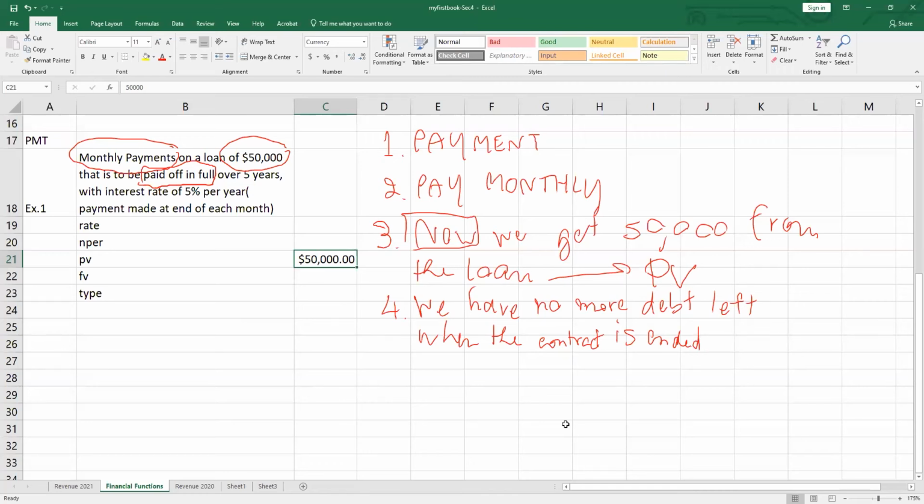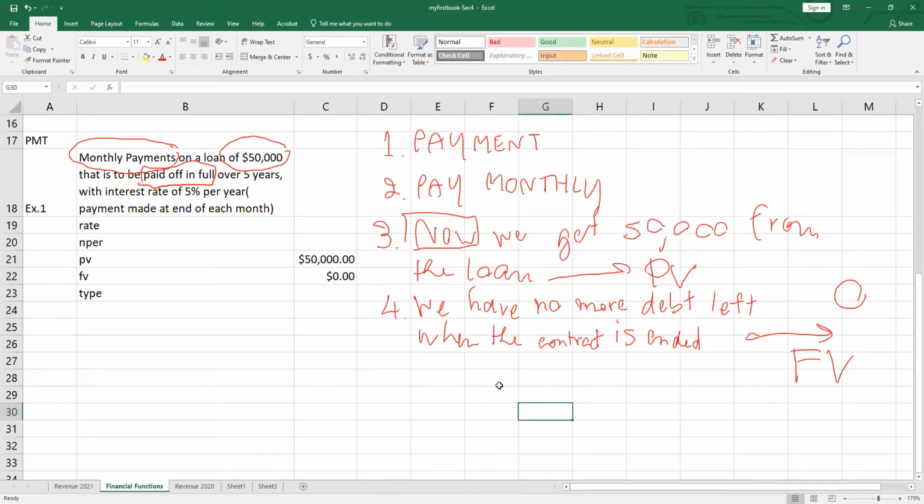This one tells us about FV or future value. Future value means that at the end of the contract, how much do we still owe? In this case, it said paid off in full. It means that we have no more debt. Then the FV is 0.